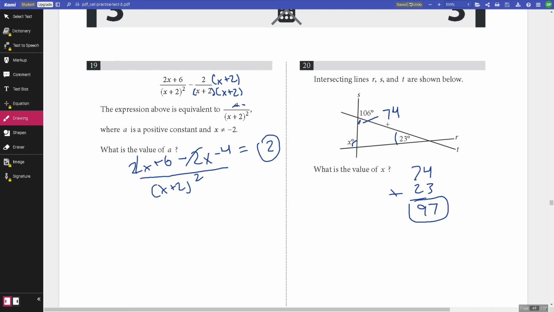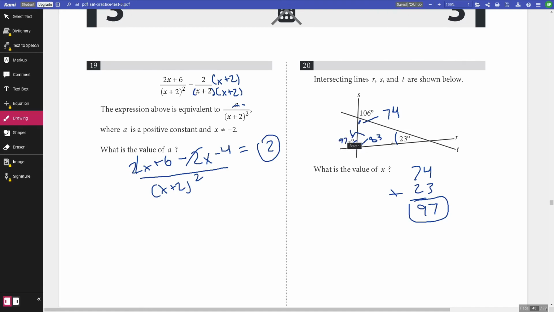Alternatively, if you don't remember that theorem from geometry, you can solve knowing the fact that this plus the sum of the angles in a triangle is 180, and find this angle and use the fact that this is supplementary to get 97. So let's try that. 74 plus 23 is 97, so this angle would be 83, and then supplementary, that would be 97.